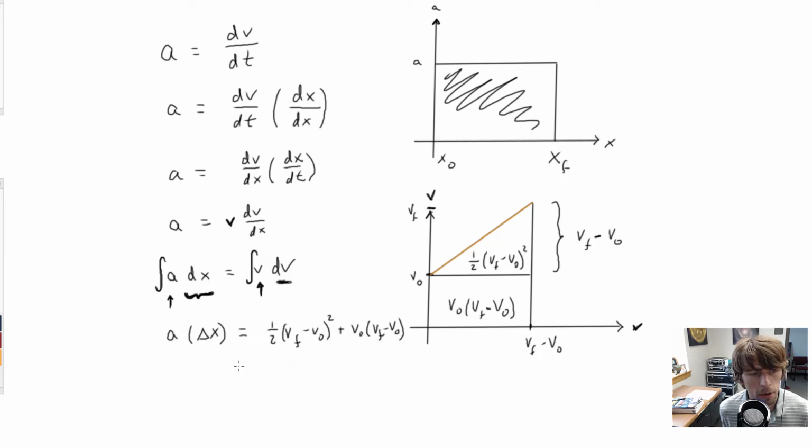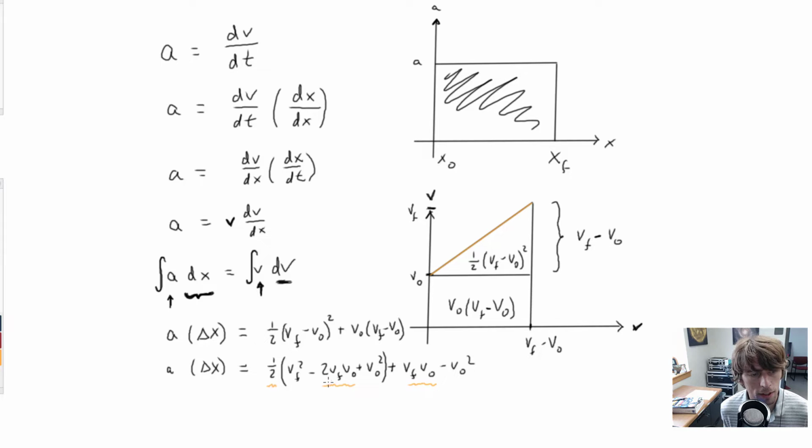Take a minute, pause the video, and see if you can simplify that. Okay. Good. 1/2 [v final squared minus 2 v final v naught plus v naught squared, plus, in parentheses, 2 v final v naught minus 2 v naught squared]. Aha, this cancels that. Don't forget about the 1/2 in front.